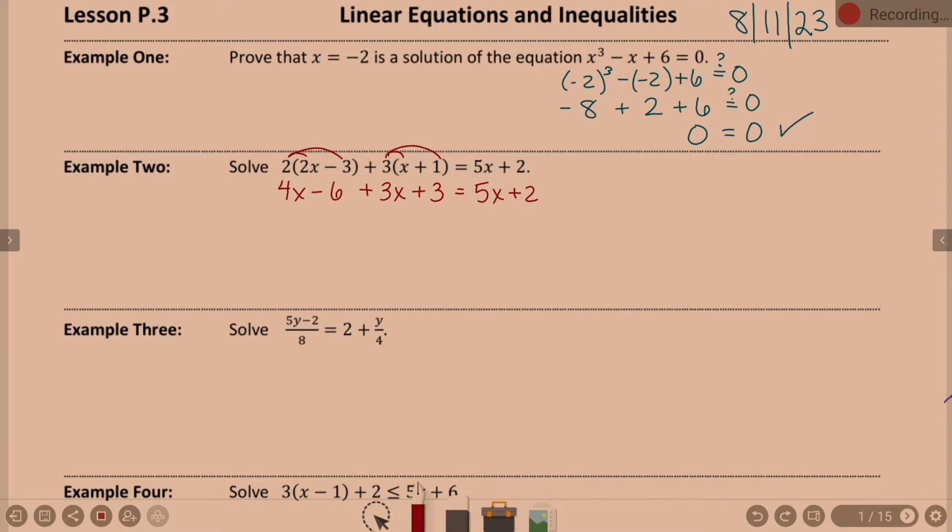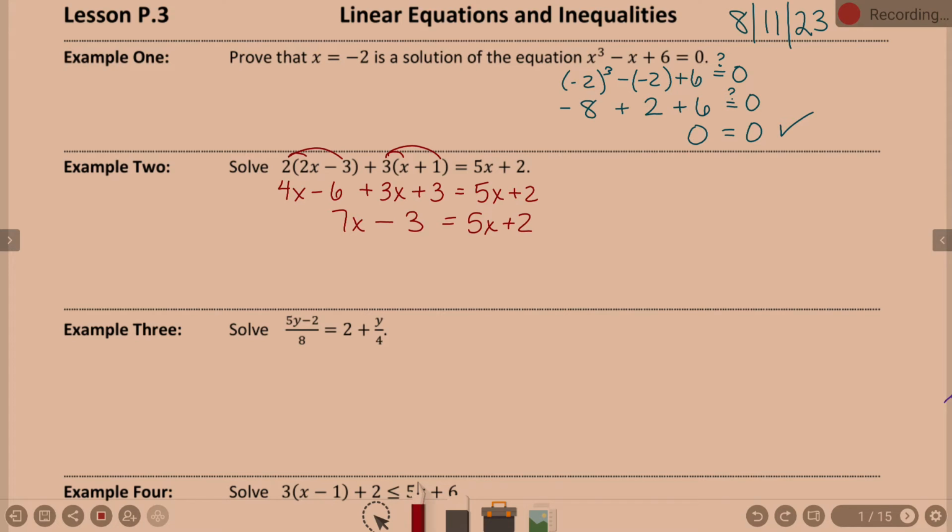What can I do after I distribute? Add like terms. So on the left, let's clean it up. 4x goes with 3x. 4x plus 3x is 7x. Minus 6 plus 3 is minus 3, equals 5x plus 2.